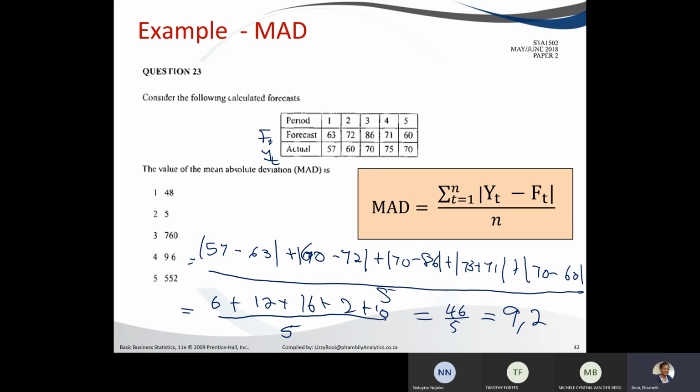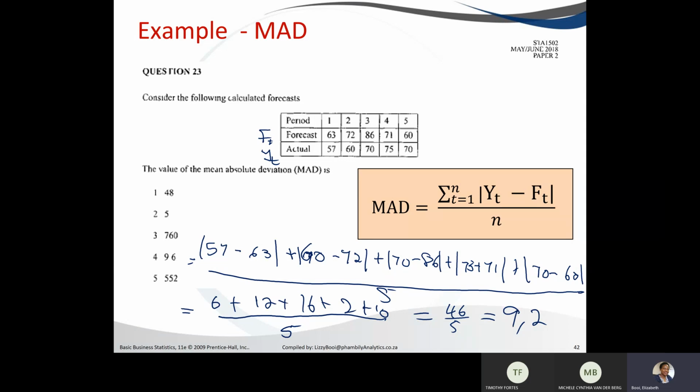I might have calculated something wrong somewhere. Let's see. 63 minus 57 is 6. Please double check for me if there is something that I calculated wrong. 60 minus 72 is 12, since everything will be positive. 70 minus 86 is 16. The 75 minus 71 is 4, not 2. Oh, I have it here as 73.